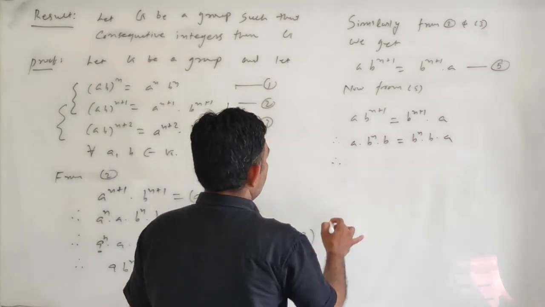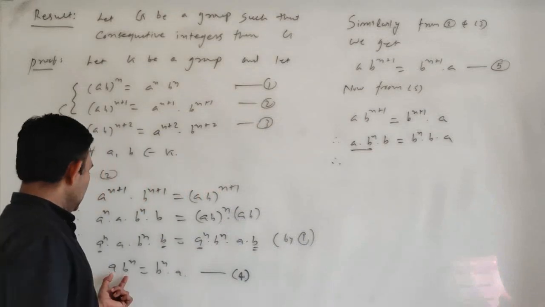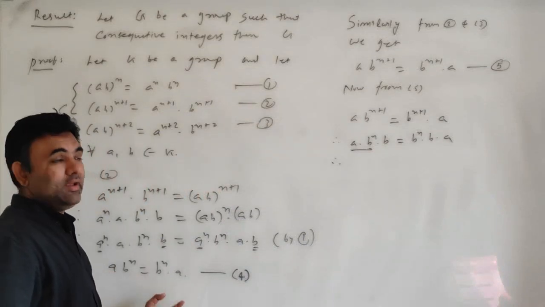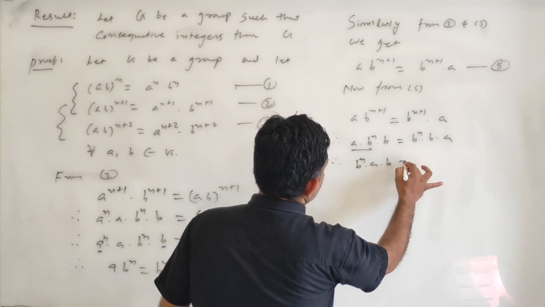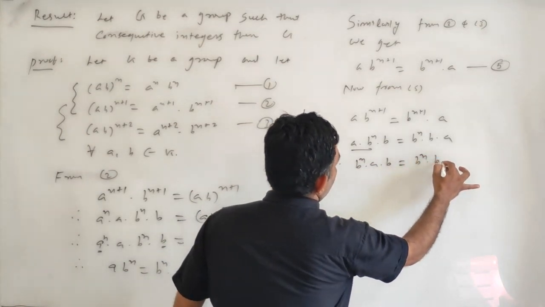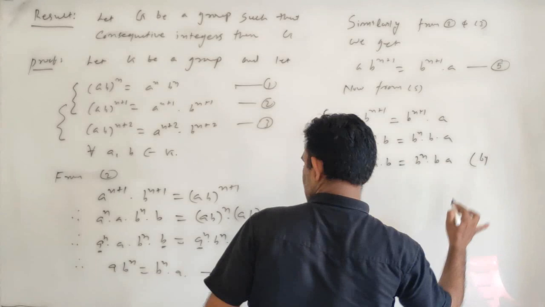So now (ab)^n is b^n a. So this is b^n into a into b equals b^n into b into a.